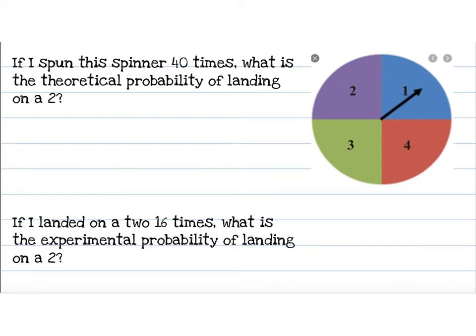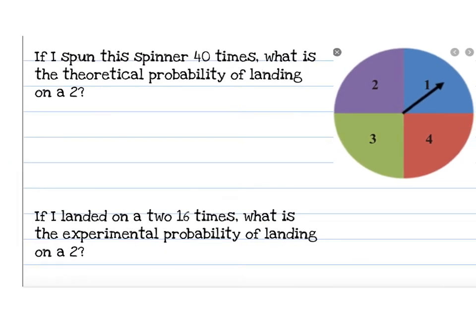If I spun this spinner 40 times, what is the theoretical probability of landing on a 2? So if I look right here, I can see that the probability of landing on a 2, if I just spin it once, is 1/4, because there's 4 equal sections. 2 is one of the sections. So theoretically, if I spin it 40 times, the theoretical probability of landing on a 2 is still 1/4.